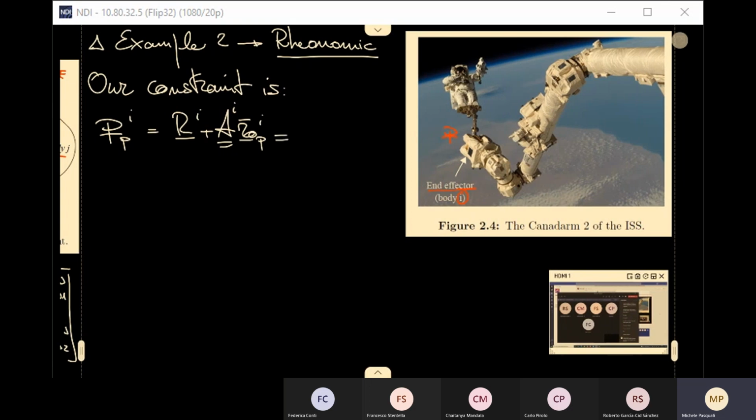Well, in this case, this must be equal to a certain law, F, which is a vector, which is a function of time.